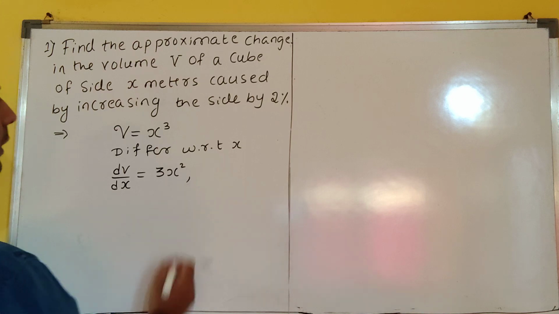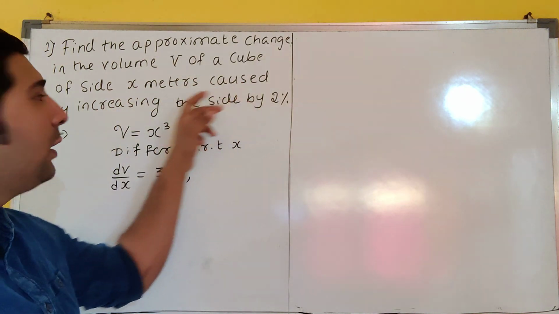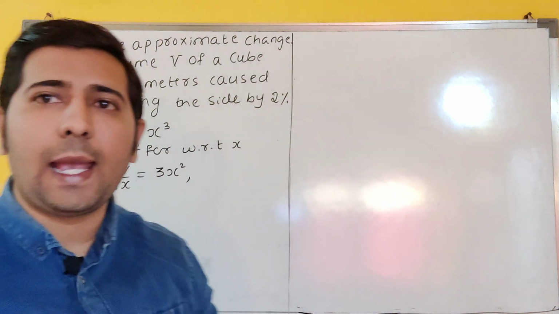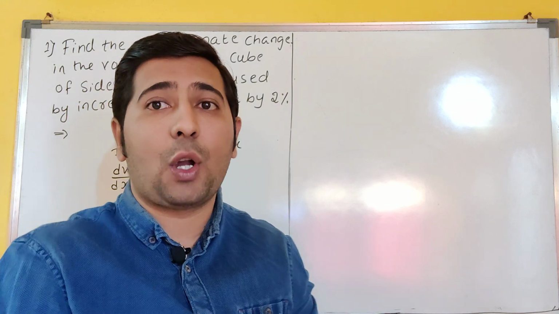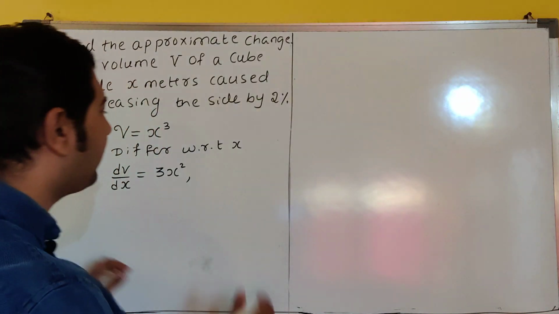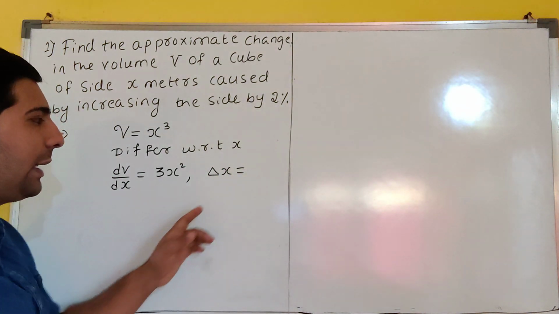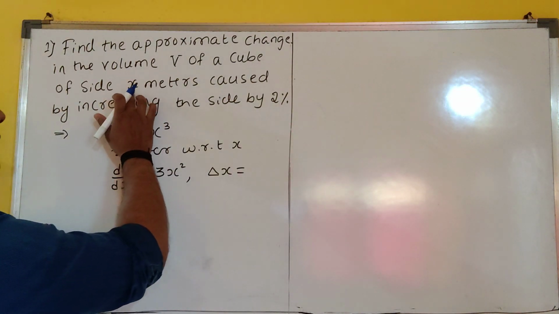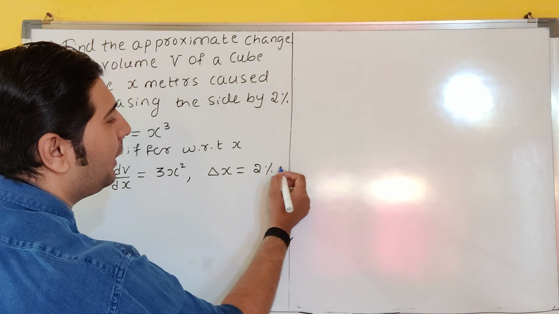We got it. So now the side x meters is caused to increase by how much? 2%. That means x is changing, dear students. Here the change is the approximate change, so we will write it as delta x. Approximate change is represented by delta, dear students. The side is changing by 2% of x.